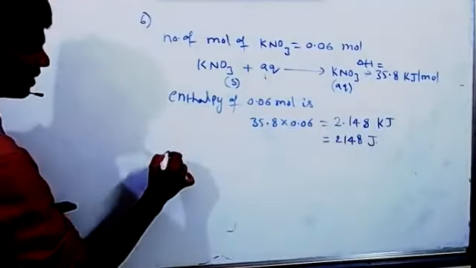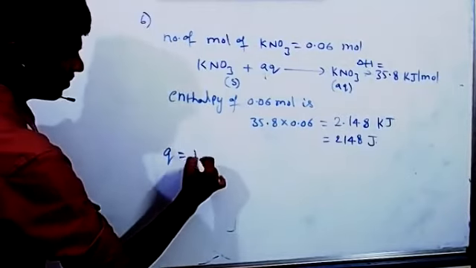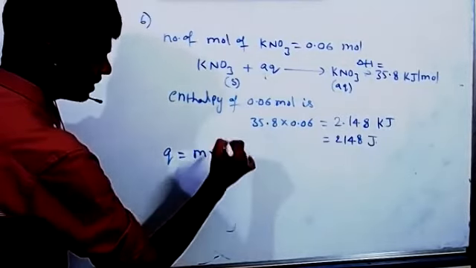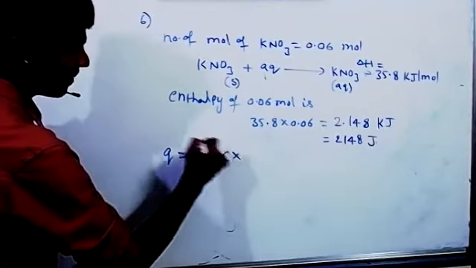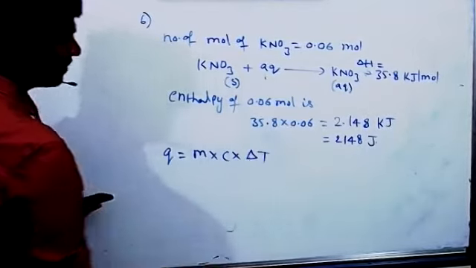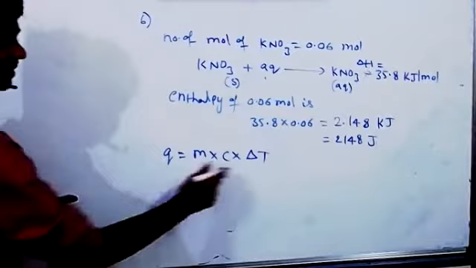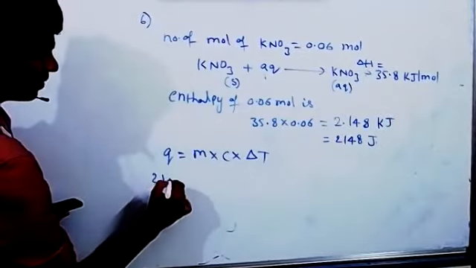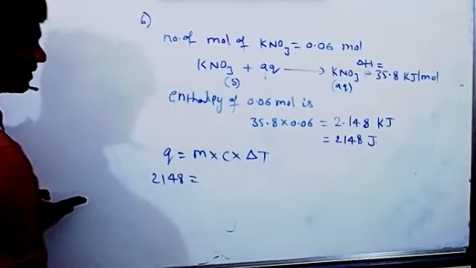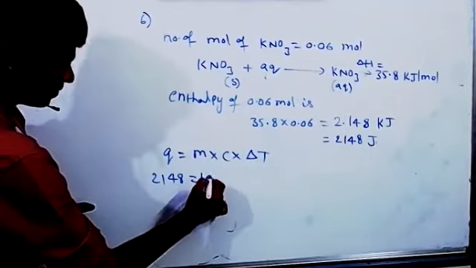We know the formula: heat is equal to mass of the substance and specific heat capacity into delta T. Q is equal to, this is the amount, 2148 joules of heat is absorbed by 100 ml of solution.